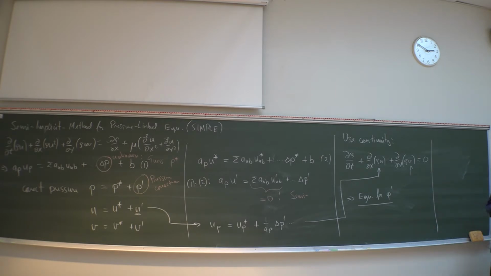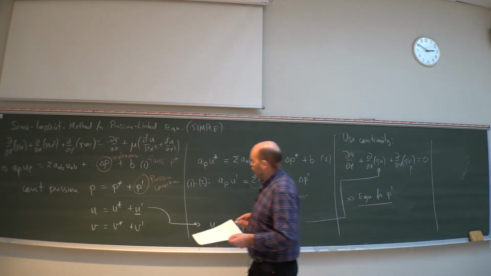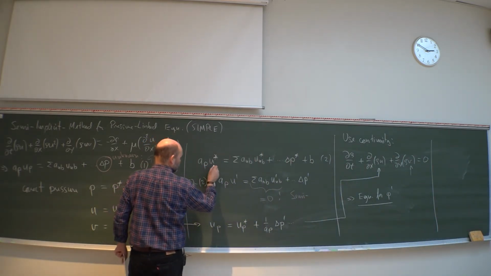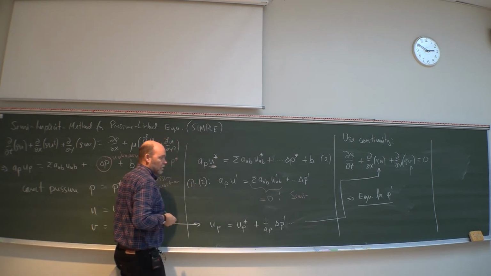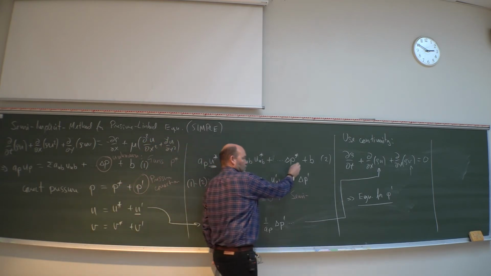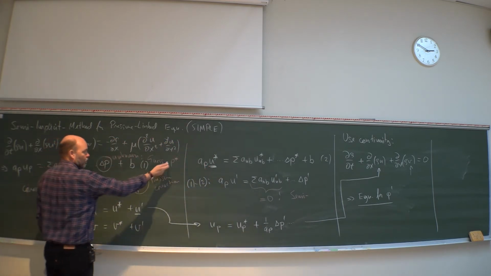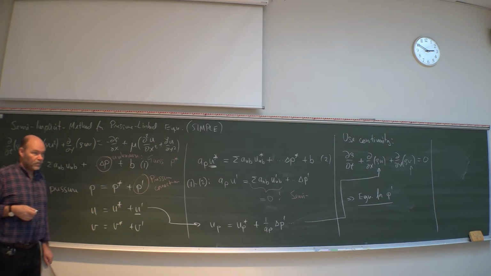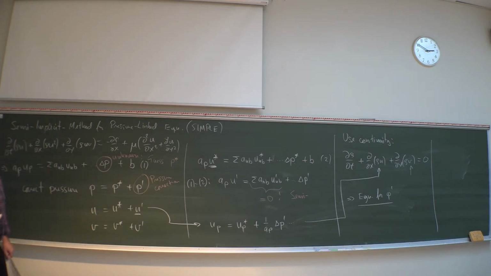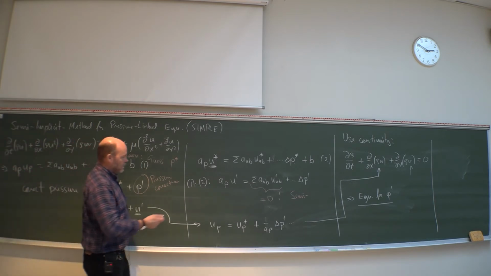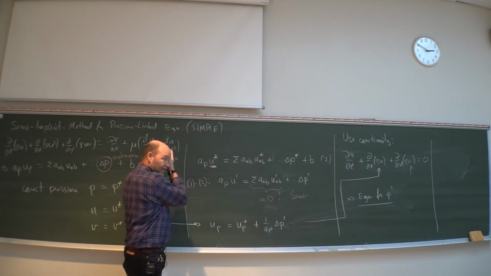And now the SIMPLE algorithm. You can calculate this tentative velocity field, the first one. You guess an initial pressure or use it from the previous time step or whatever. You find a velocity field that then in general will not be correct.